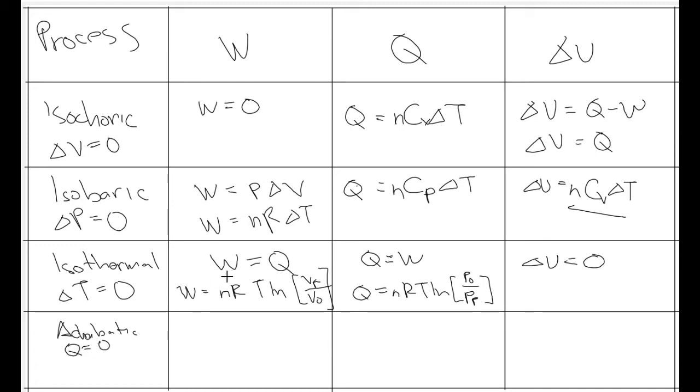So since Q is equals to 0, using this equation, so substitute 0 to Q, we have delta U is equals to negative W. And since delta U is equals to negative W, using this equation here, our W is equals to negative N CV delta T.